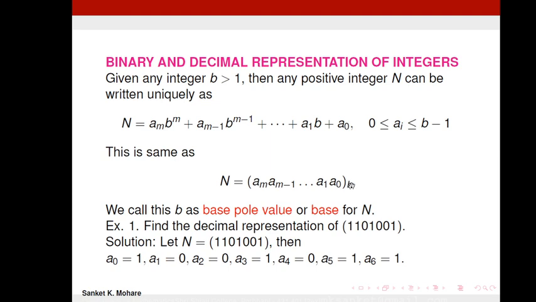Here we choose power m because it contains m plus 1 coefficients, so we take its degree m, and we treat this as a polynomial in the variable b whose coefficients are a0, a1 up to am.